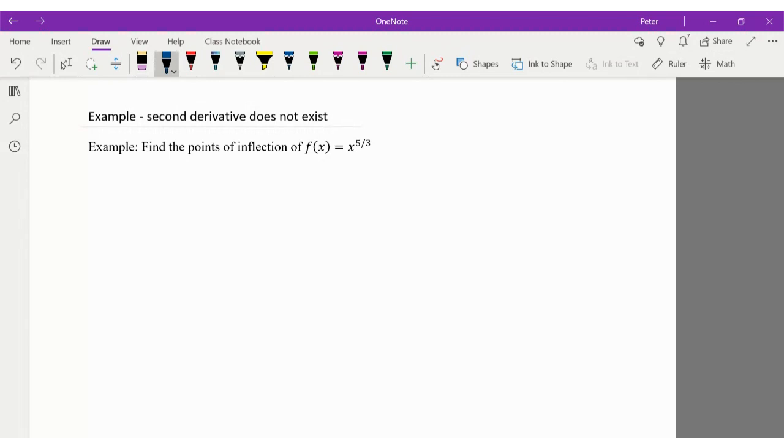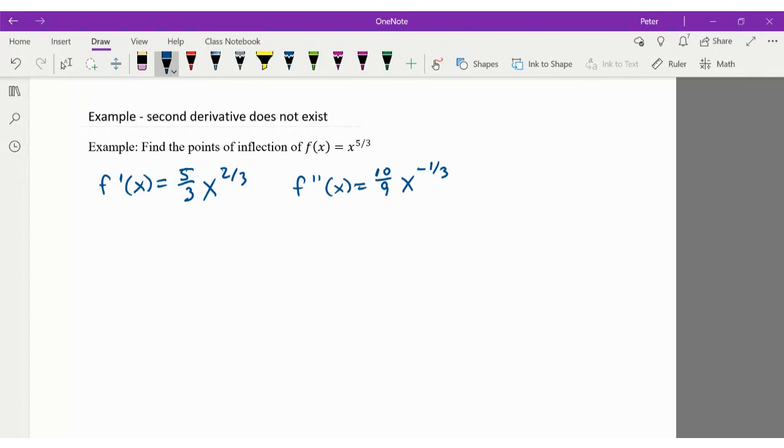If I find the first derivative, I get 5/3 x to the 2/3 just by the regular power rule. Then the second derivative, applying the power rule again, 2/3 times 5/3 is 10/9. And then subtract 1 from the exponent: 2/3 minus 1 is negative 1/3.